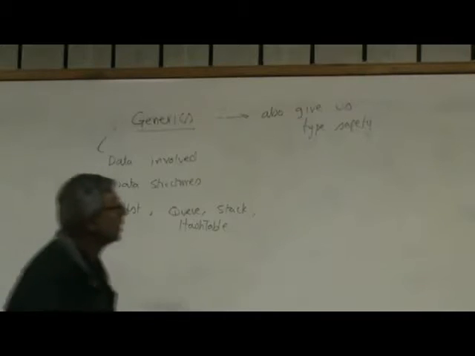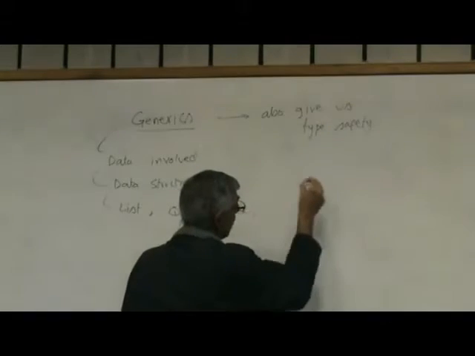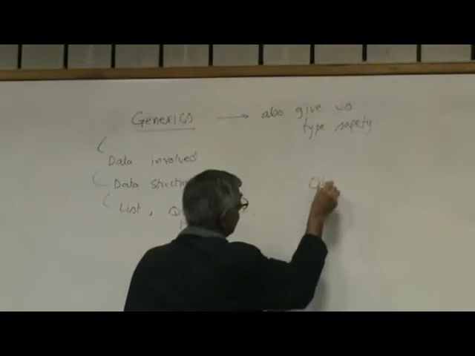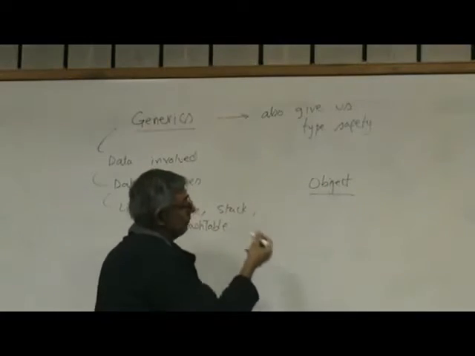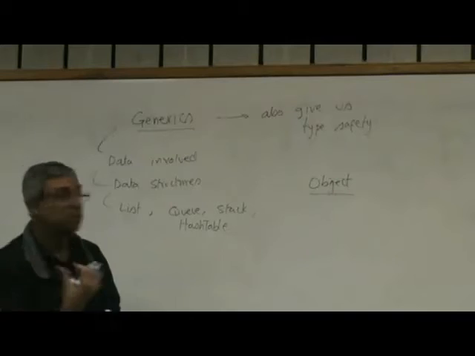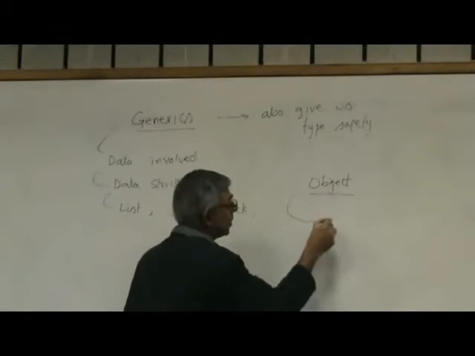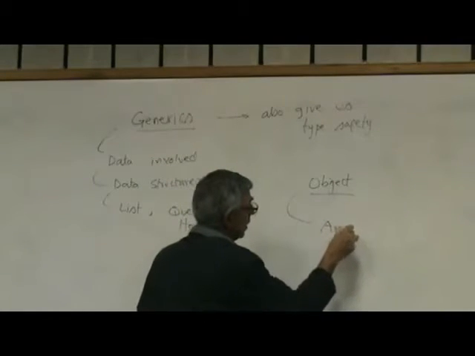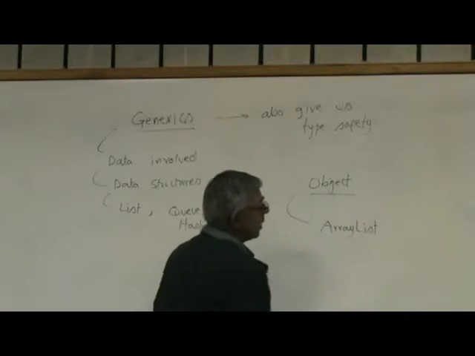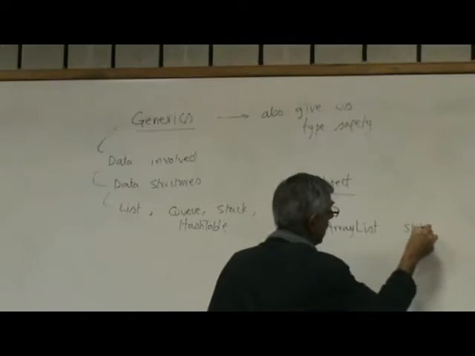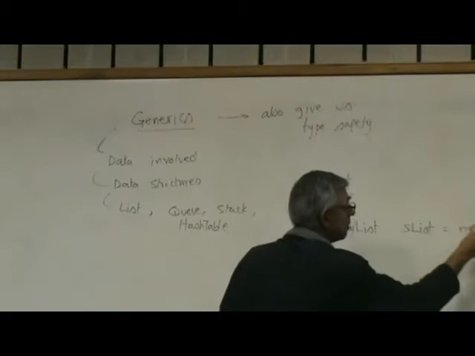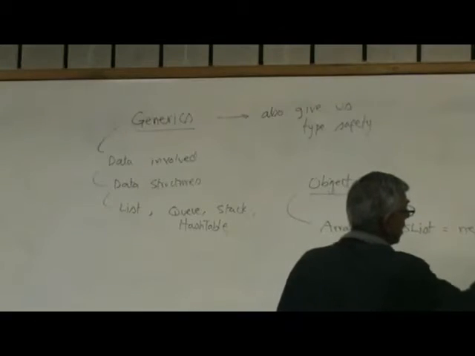Remember, previously, to get more flexibility, we were using, for example, an object. If we needed to create an array of objects, what was the most popular collection? ArrayList. So if you created, for example, an ArrayList, let's say sList equal to new ArrayList.